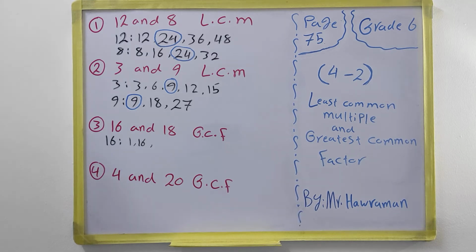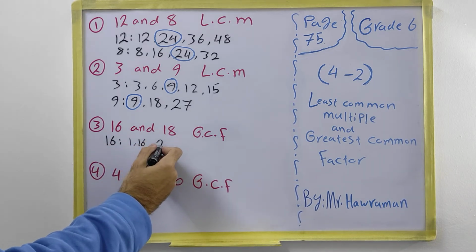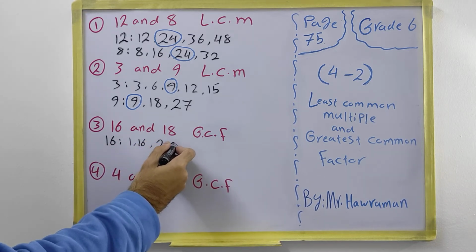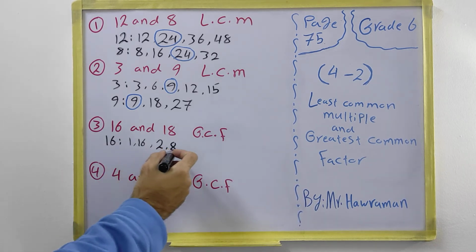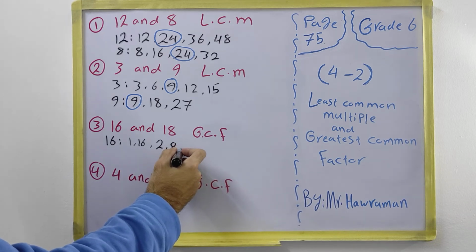Another one, two numbers multiplied by each other equal 16. We can say 2 multiplied by 8. 2 and 8. Do we have 3? 3 multiplied by anything equals 16? No. What about 4?